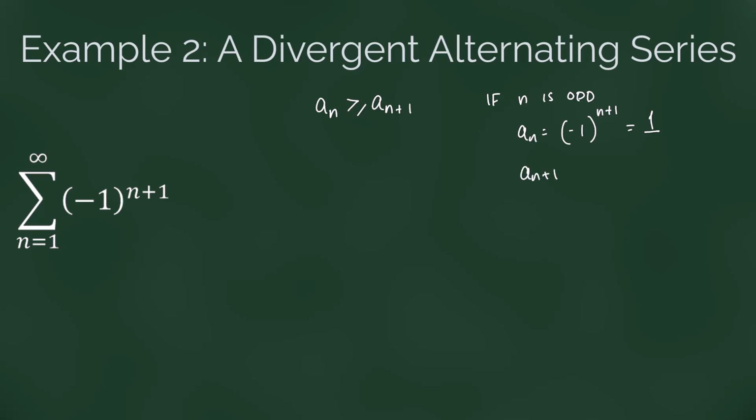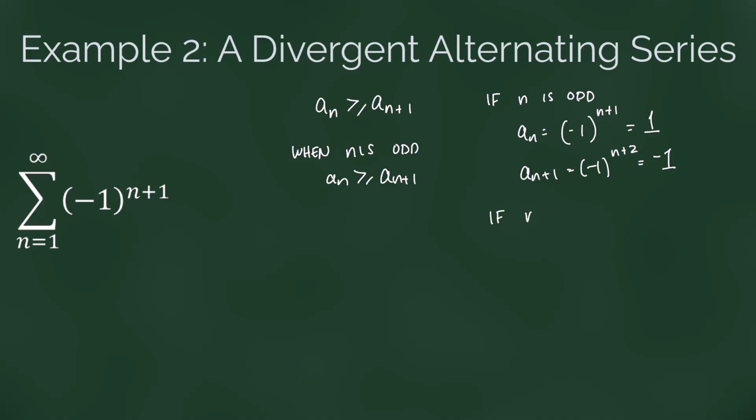And a sub n plus 1 is going to be negative 1 to the n plus 2 power, which is then negative 1. So in this particular case, when n is odd, we know that a sub n is in fact greater than or equal to a sub n plus 1.